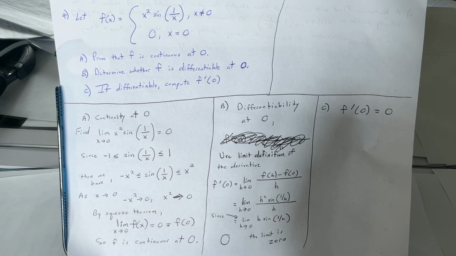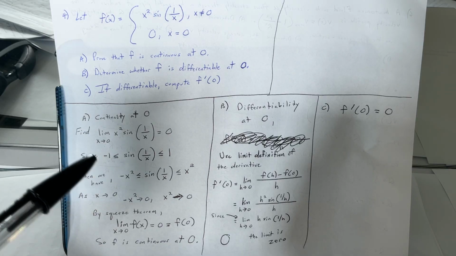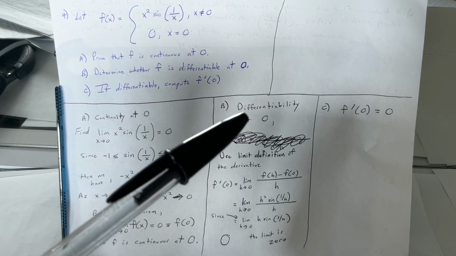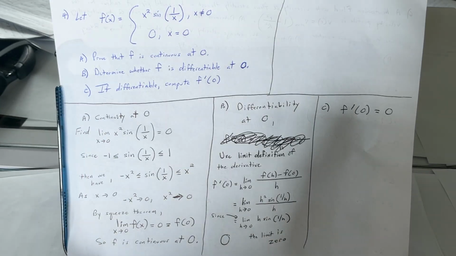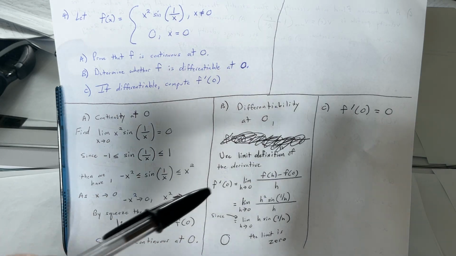Pardon me if I misspeak or go too fast. With these two parts, assuming the squeeze theorem, the math works out there. Part B, determine whether f is differentiable at 0. For differentiability, we're going to use the limit definition of the derivative. You know what that is.